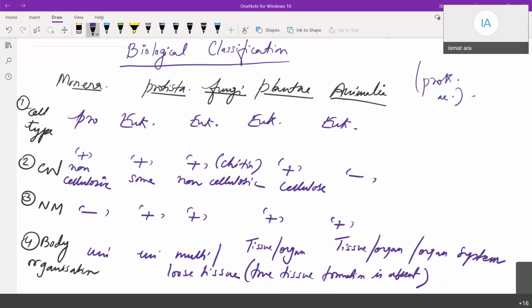One more feature is there on the basis of mode of nutrition. Let us see, students.